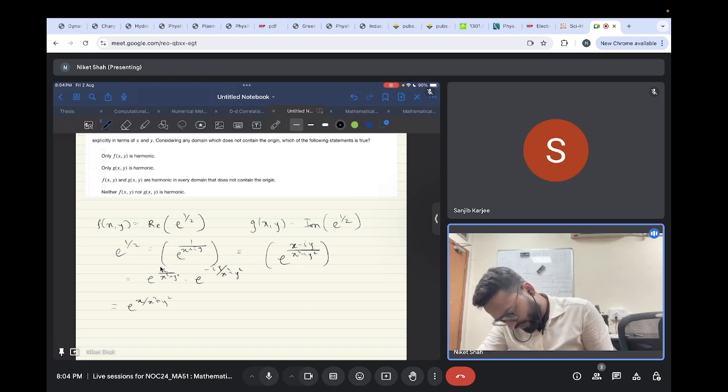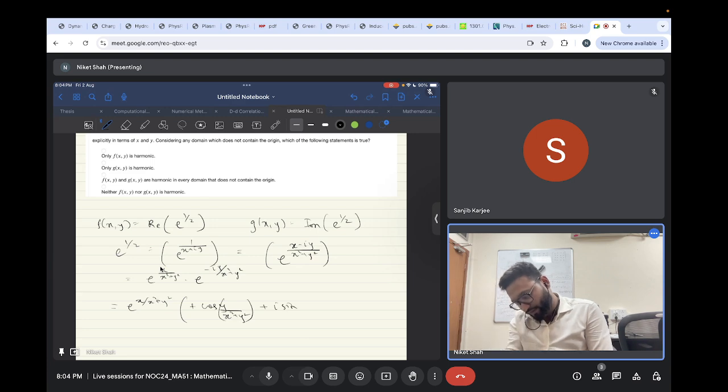And e raised to power minus i y I can write in terms of cos and sine: plus cos y divided by x square plus y square, and this will be minus i sin y divided by x square plus y square.